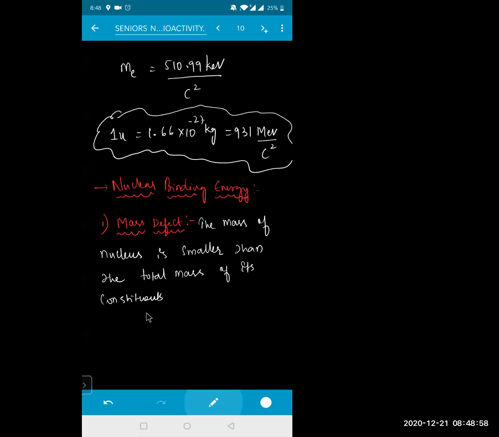So the difference in the mass of this nucleus and its constituents, we are calling it as mass defect, beta, right now.